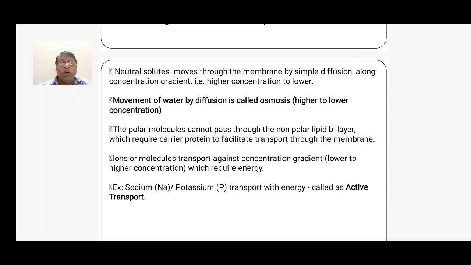The carrier molecules are the proteins. Proteins act as carrier molecules, which facilitate the transport through the membrane.